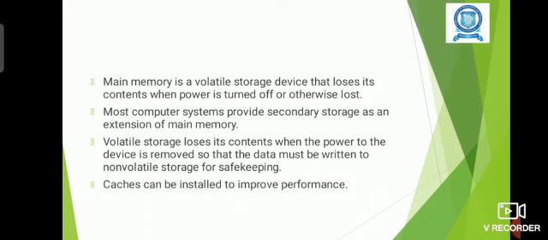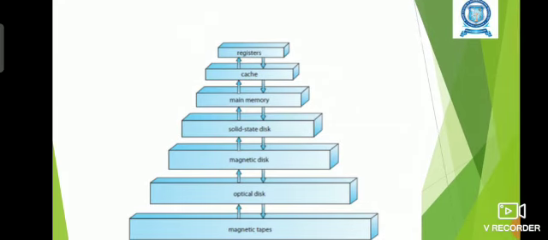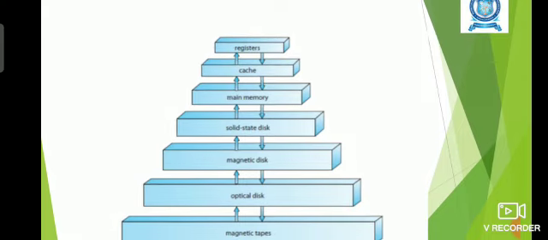Along with the main memory, cache memory is used with the processor to improve its performance. We are seeing the hierarchy of memory devices. The registers are nothing but the storage areas present in the CPU. Next to the CPU comes cache memory, then main memory.